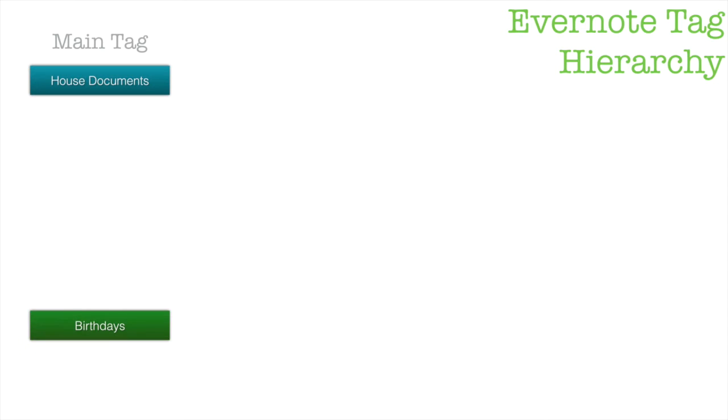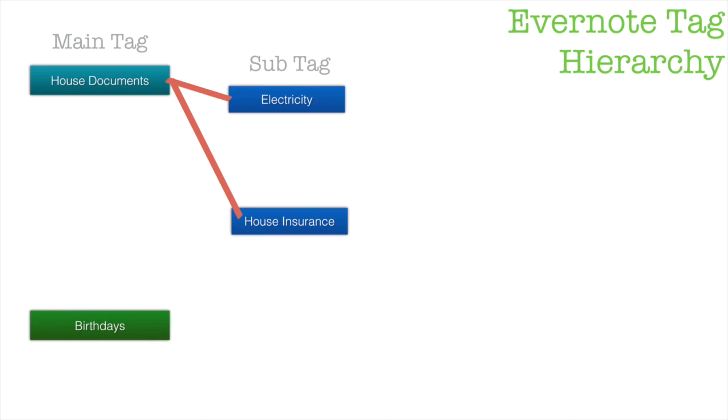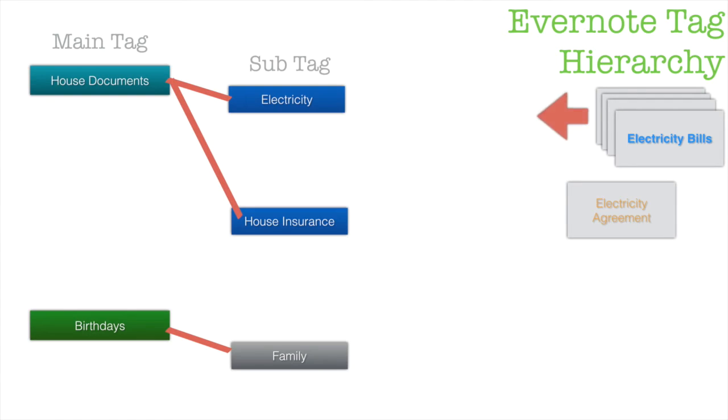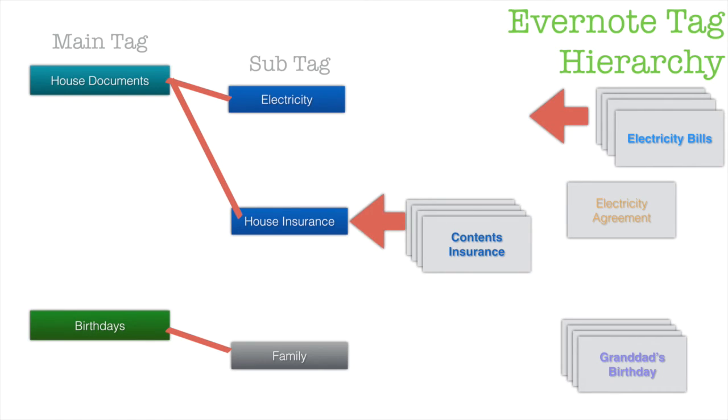I have my main tag, and I'm going to call one of them house documents, the other one is birthdays. I have subtags, just like I had earlier: electricity and house insurance, and also one which is called family. I have my notes, and they are all going into their various places.